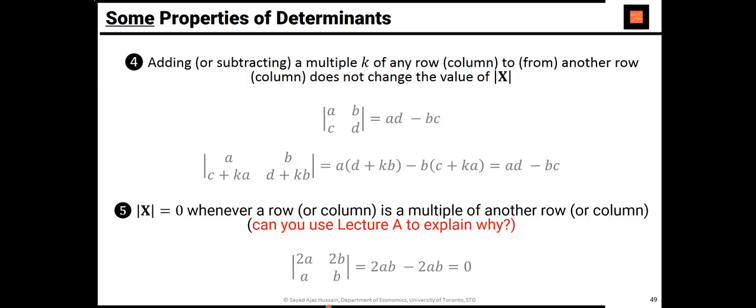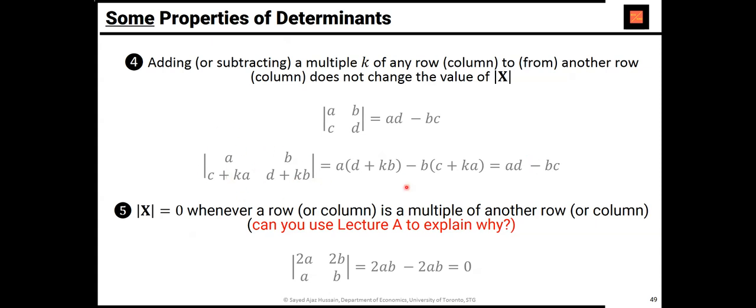We're almost at the end. If I take a matrix right here, here's the determinant. If I now add a multiple of this number to the second row, so I can add the number Ka to the second row, if I now add the number KB, as in boy, to the second row, the determinant I get is exactly the same.